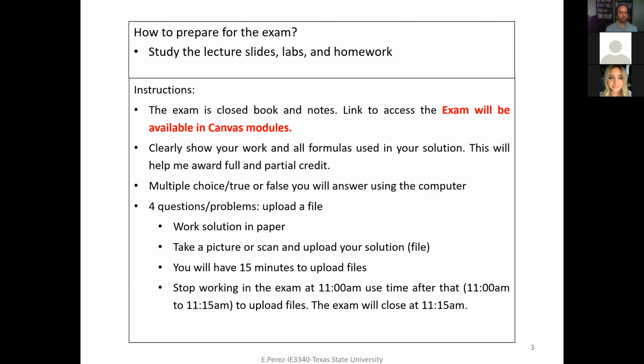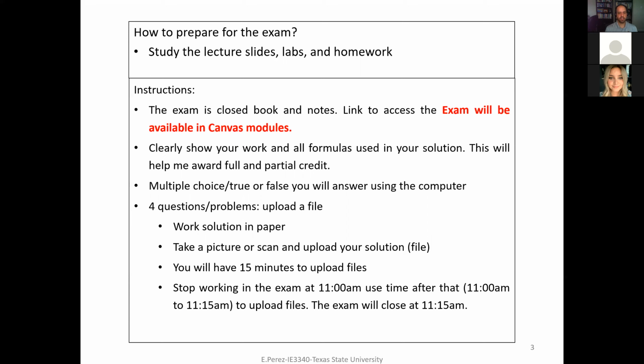And then for the lecture slides, make sure that you have an understanding of the concepts that were discussed in class. So what are basic variables? For example, what is the shadow price? What is the reduced cost? All those concepts could be good questions for the exam in terms of the true or false questions.